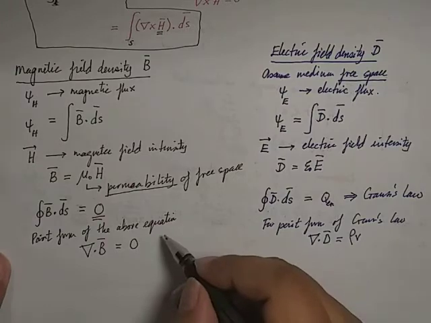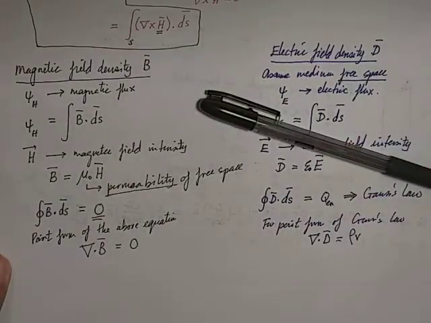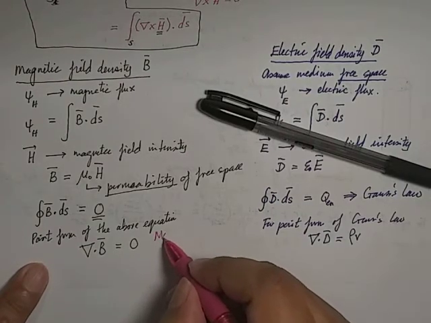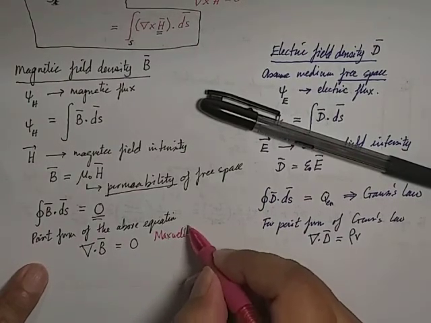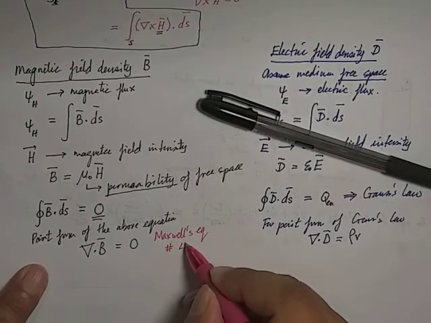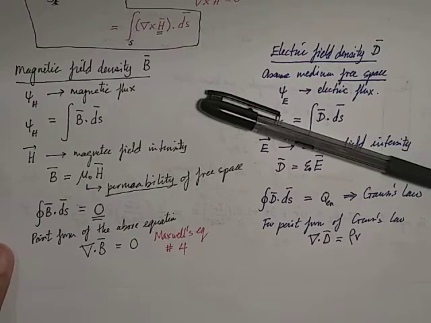Okay, for your information, this equation that we are discussing now is known as Maxwell Equation number what now? Yes, number 4. So therefore we have seen all the Maxwell equations we need to know in this particular subject, which are 4 to be specific, 2 from electrostatic and 2 from magnetostatic.